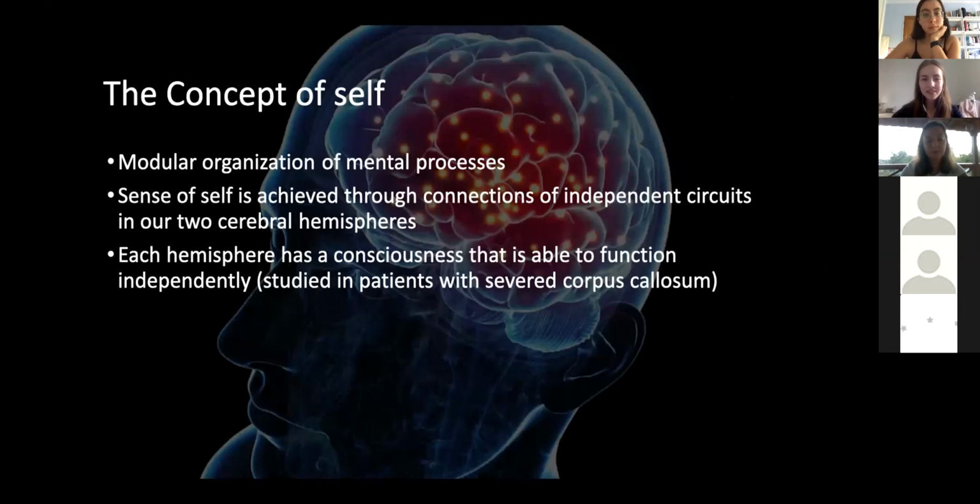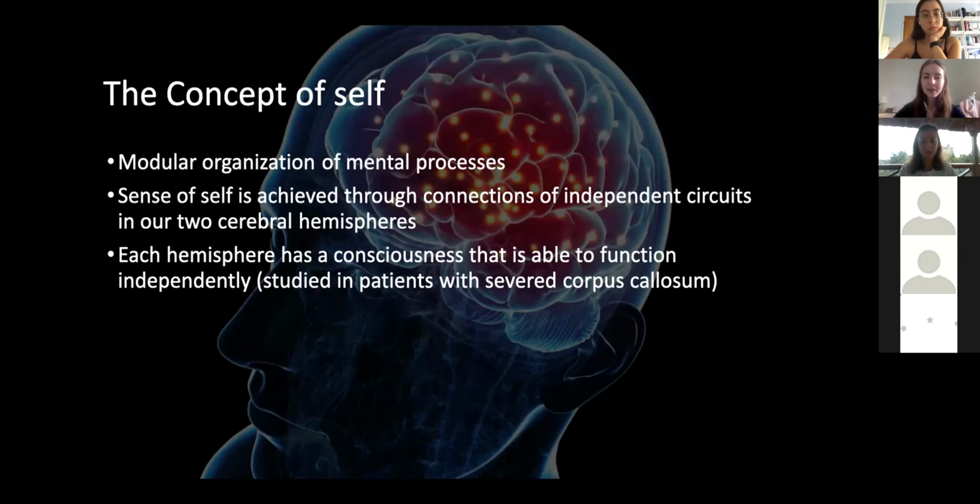So I'm going to touch quickly on the concept of self, because this is something that's really essential when we're talking about consciousness. Just as in any other brain process, we again have a modular organization of mental processes. So the self is just like the grandmother, not saved in one cell in your brain.